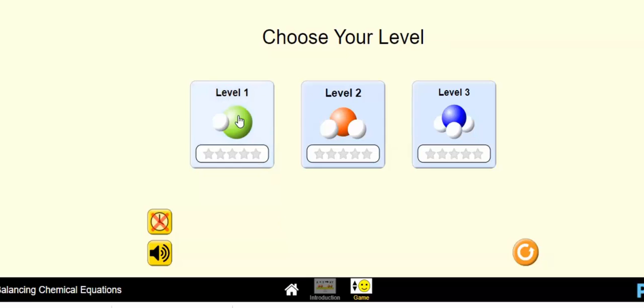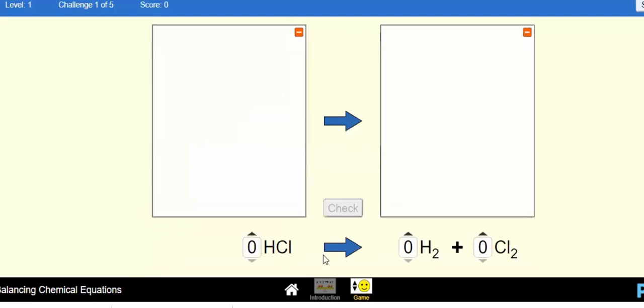You do the same thing here. You click on level 1, and it shows you here a certain reaction. You have to try to balance it. Again, always start maybe with 1 everywhere. Okay. Don't click check until you are ready. That's when you check whether you got it right or wrong. And again, you can see here you have 2 hydrogens.